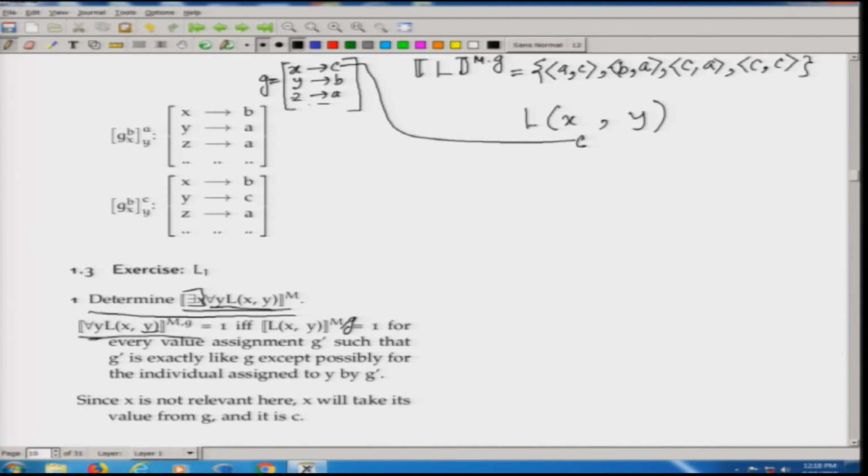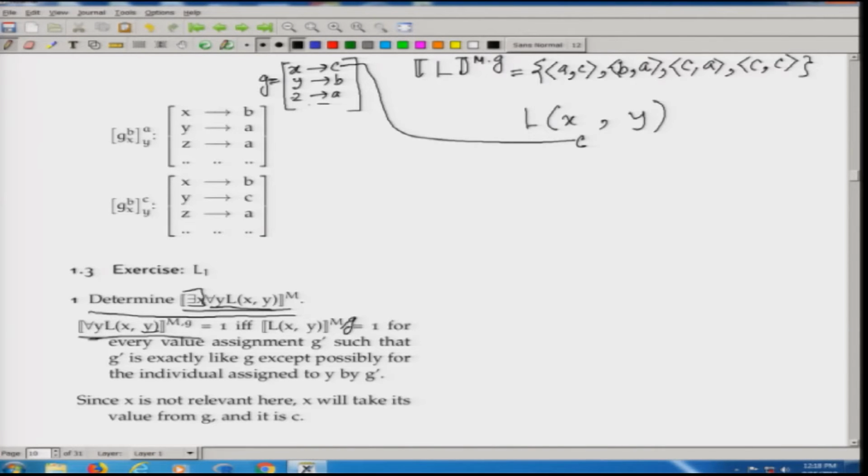So Y will vary. G assigns B to Y, but then we need to check G primes. What is the checking type? All Y. That means for all value assignments that assign values to Y, we must find that C somehow is connected to that value.